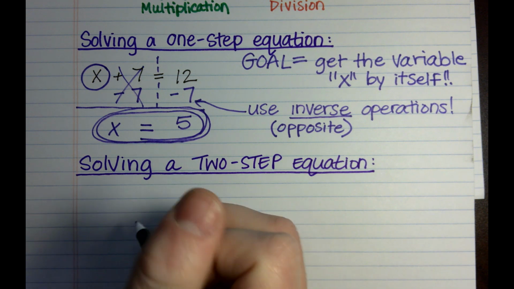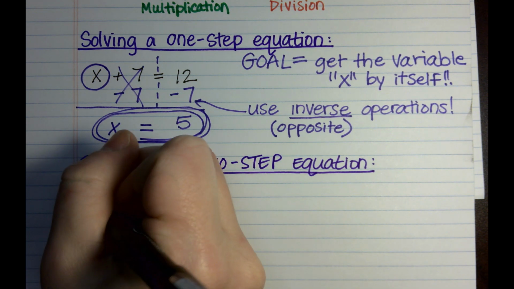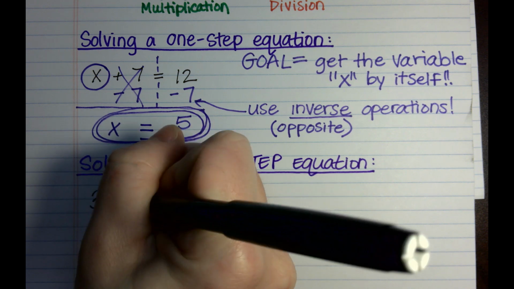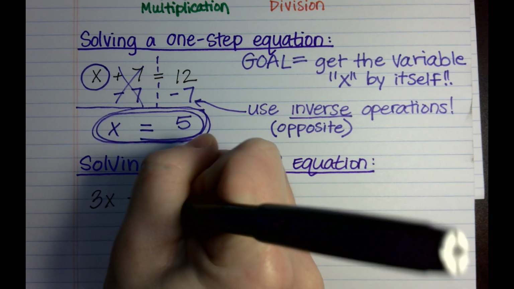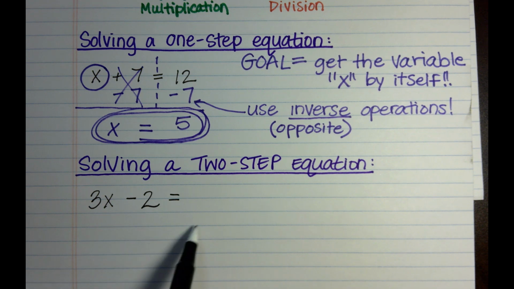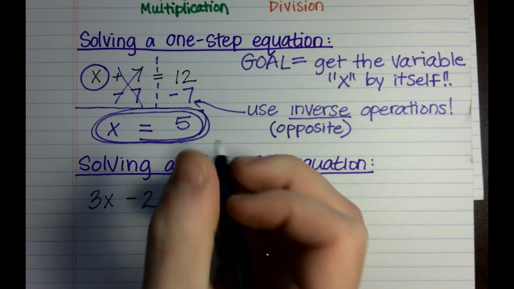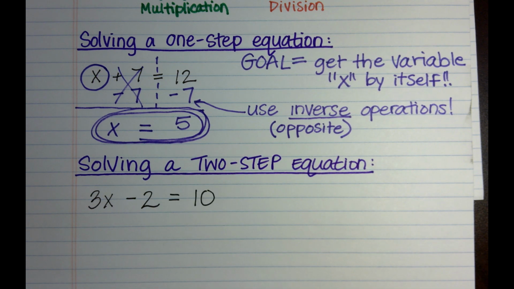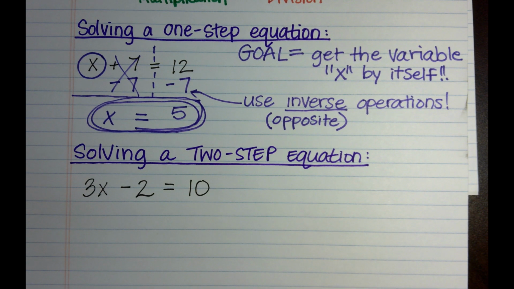Example I will give is, let's see, 3x minus 2. So, is our goal changing at all?